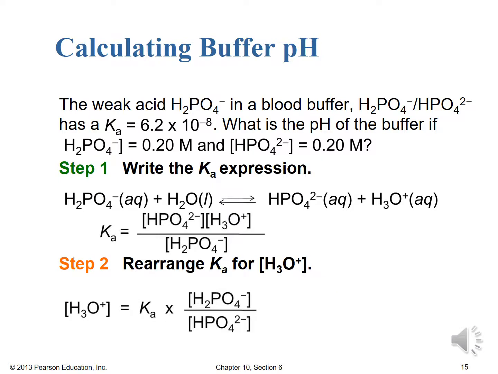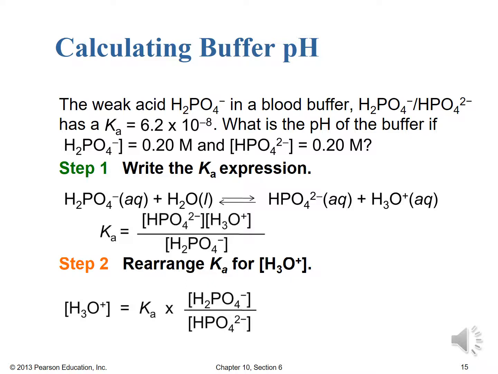Okay, so step one, we can write the Ka expression. Ka in this case, from that weak acid dissociation, would equal HPO4 2 minus concentration times H3O+ concentration divided by H2PO4 minus concentration. So we can rearrange this to solve for H3O+ concentration.